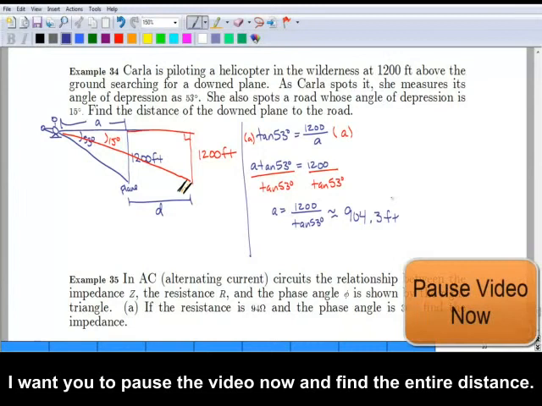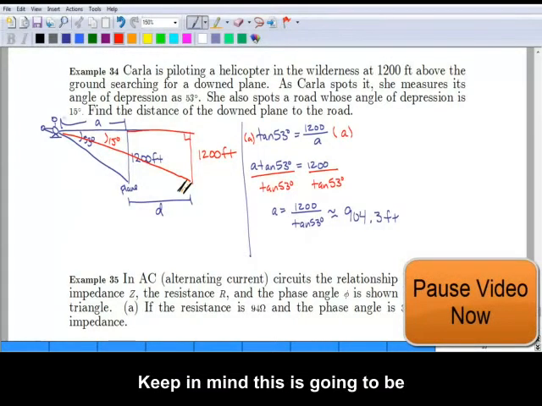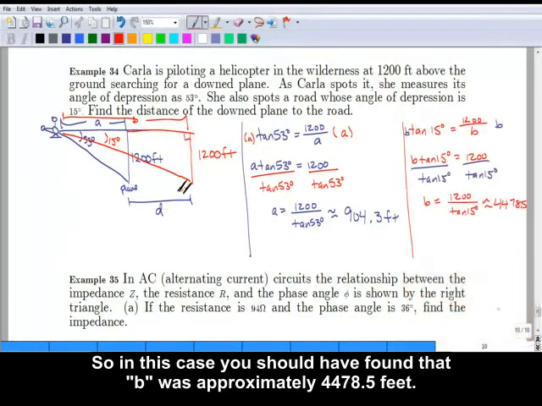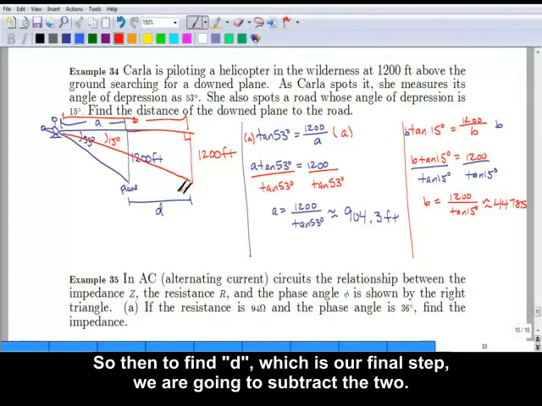I want you to pause the video now and find the entire distance. Keep in mind this is going to be the entire distance B of this larger red right triangle. So in this case, you should have found that B was approximately 4,478.5 feet. So then to find D, which is our final step, we are going to subtract the two.